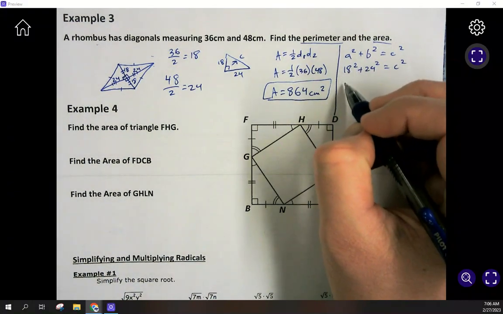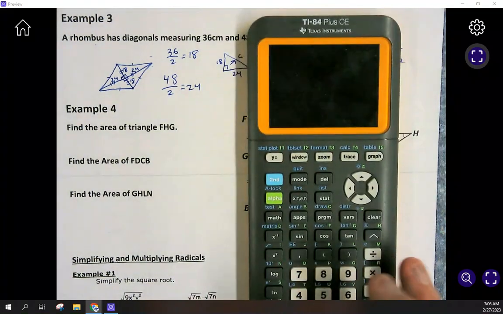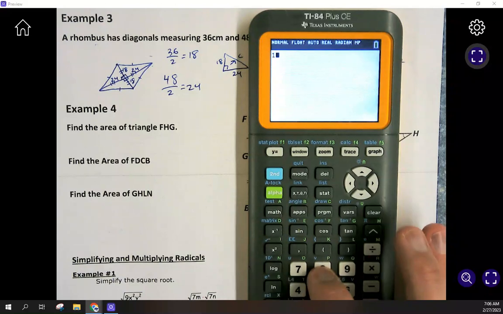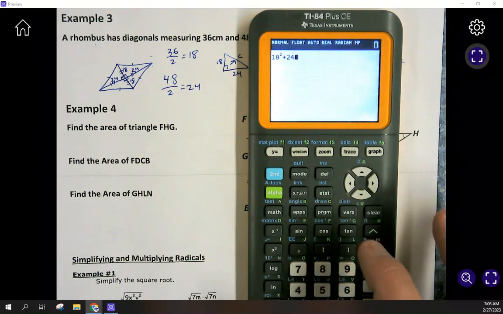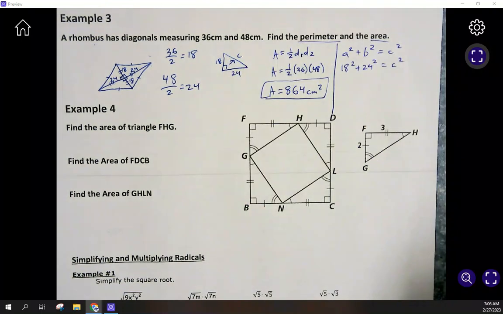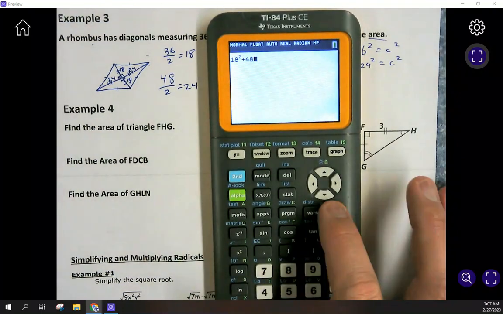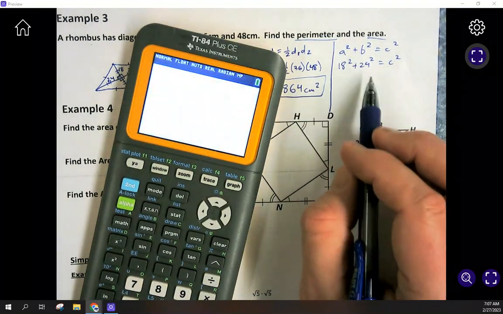This comes out to, if you square this and square this together, you can do that all in your calculator at once. You can do 18 squared plus 24. Nope, 24. Covered it up. Let's start over. So if you want to square each one, you can get the number underneath of it.